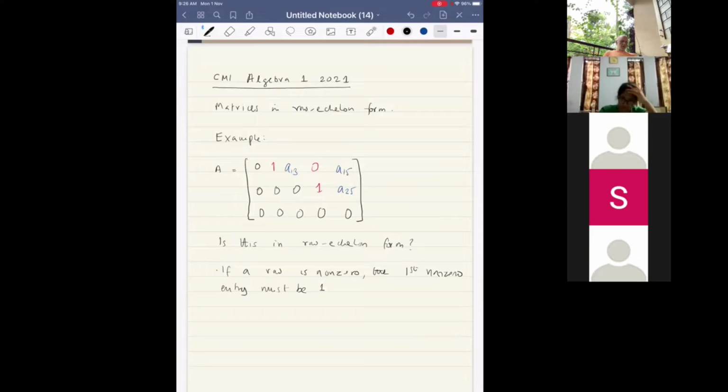Okay, so the last row is 0, so there is nothing to worry about. The second row is non-zero, but the first non-zero entry is 1, and that is in red. The first row is non-zero, and the first non-zero entry is 1, so that is here in red. And so these are the pivots.